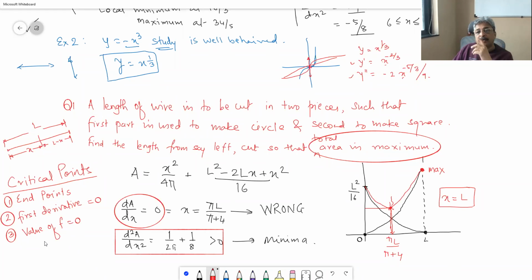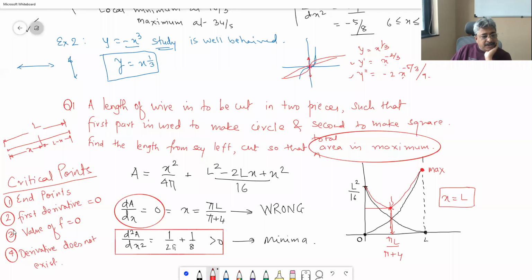That is yet another important point for you, where you come to know that the graph is crossing the x-axis at that point. And the fourth thing that you should find as a critical point is where the derivative does not exist. That means the tangent is vertical or discontinuous or something like that.